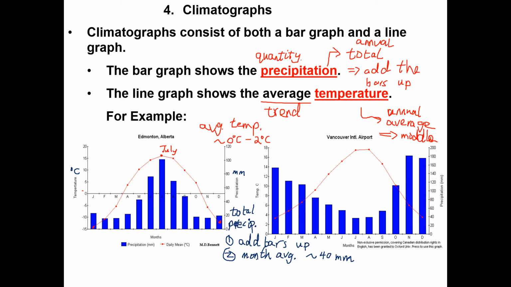Then how do we calculate total? Well, total is just multiplied by 12. So 40 times 12, which is about, I'm having a hard time doing this, 480 millimeters.